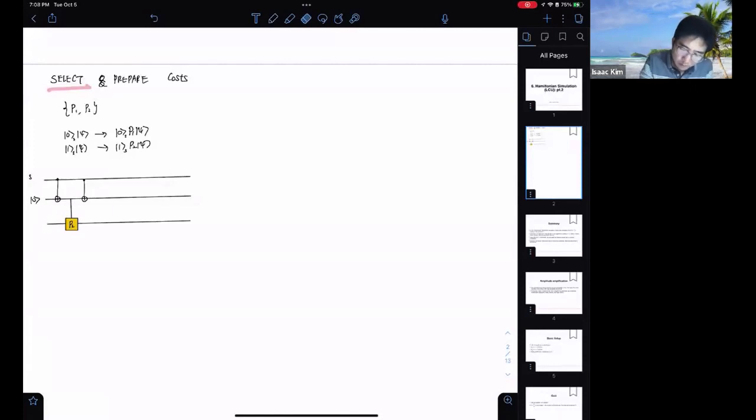So if S is in the 1 state, then we want to apply P2. And if S is in the 0 state, then we want to apply P1. Actually, I'll consider the second case first.